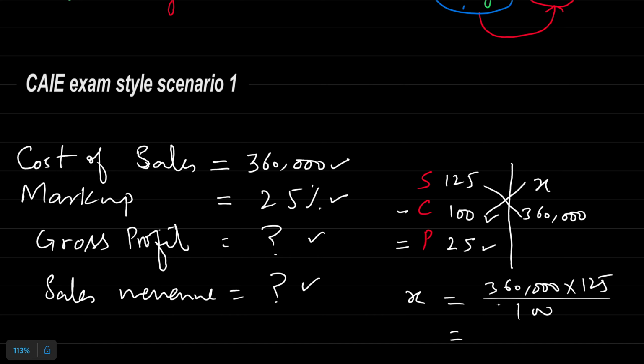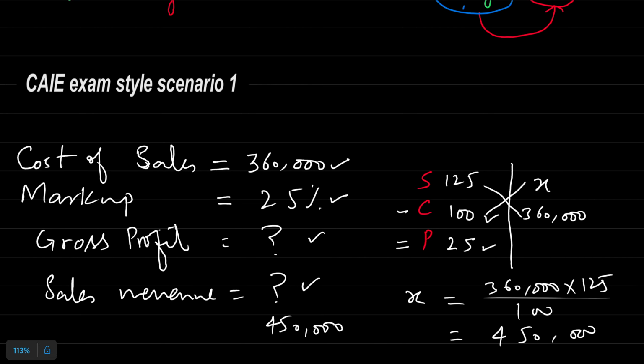So sales will be 360,000 multiplied by 125 divided by 100, 450,000. So students, sales revenue is easily calculated, 450,000.